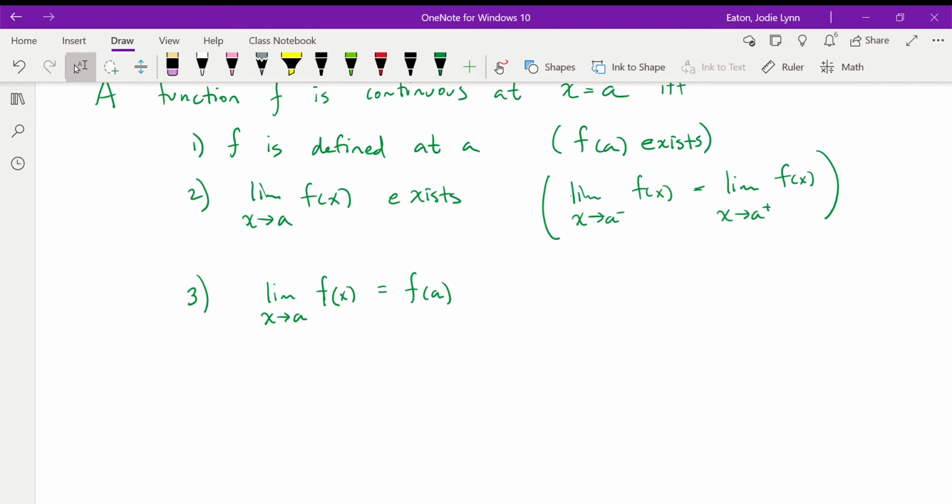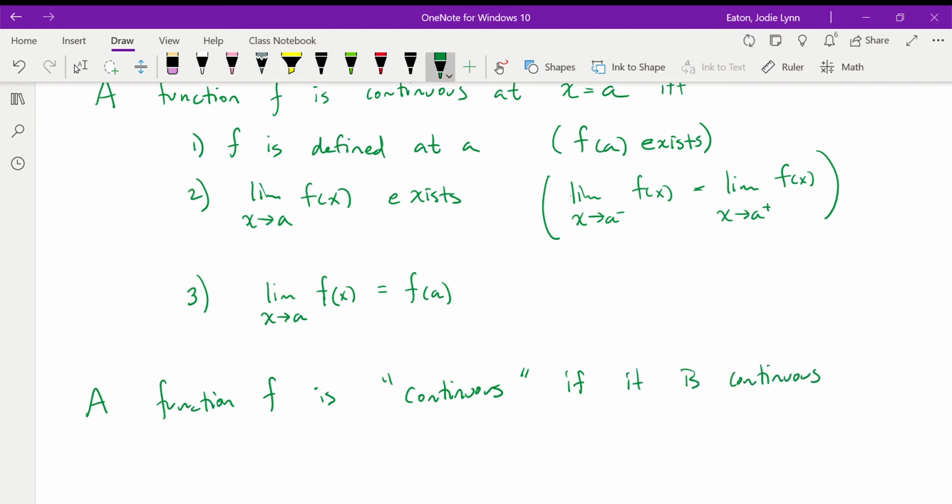Okay? And a function f is called continuous, so we call the whole function continuous if it is continuous for all a element of R or the domain of the function.